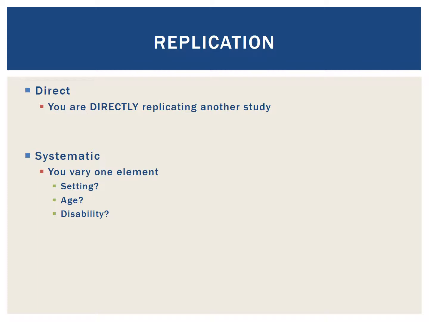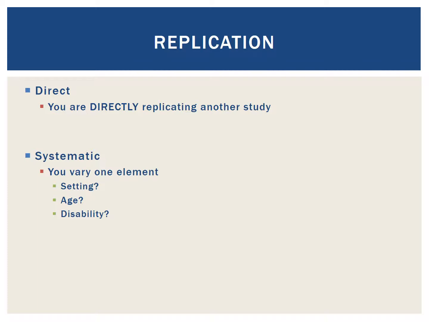Other types of replications, the purpose is, okay, the researchers found a functional relationship with middle school students with emotional and behavioral disorders. How would this apply to elementary students with emotional and behavioral disorders?